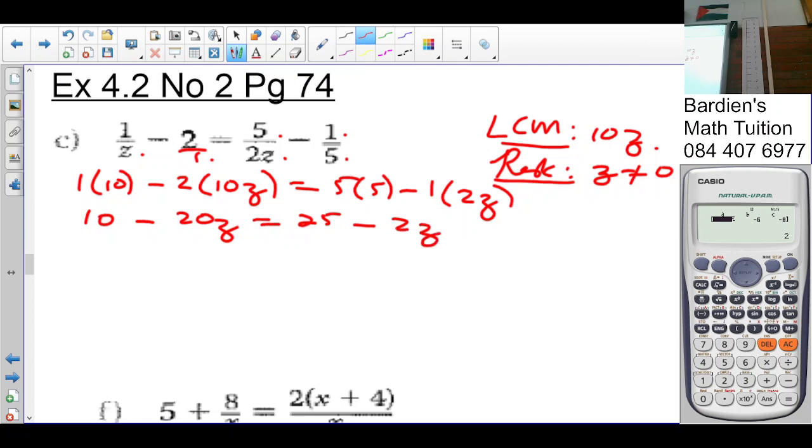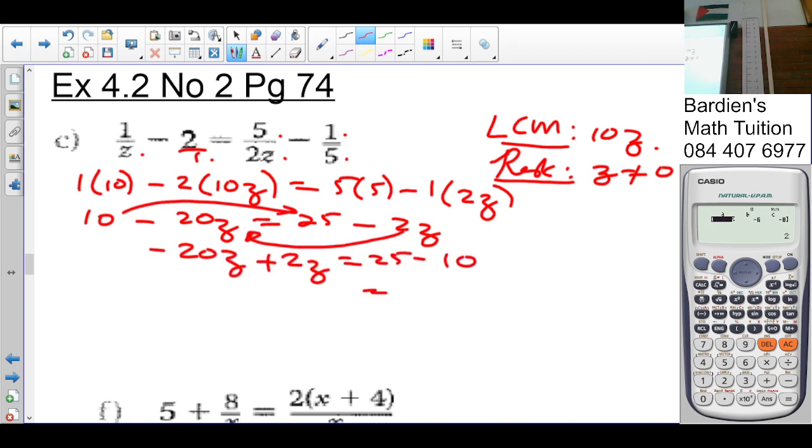What do I do now? Variables one side, numbers other side. So we're going to take this on that side. So it's going to be negative 20Z plus 2Z is equal to 25 minus 10, which is 15. So it's going to give me negative 18Z. So I divide both sides by negative 18 to get Z on its own.